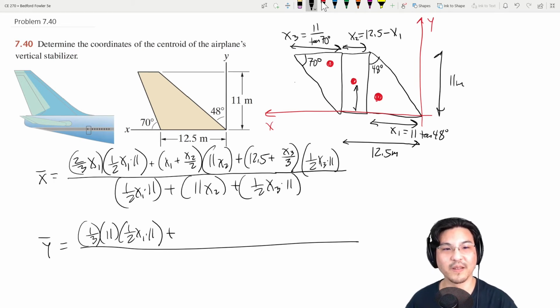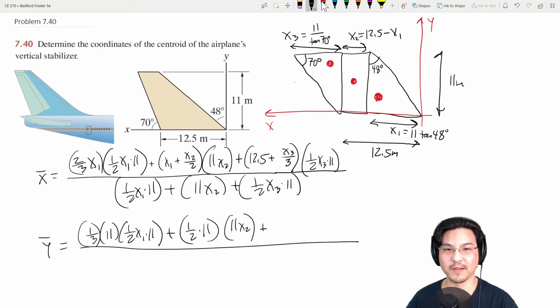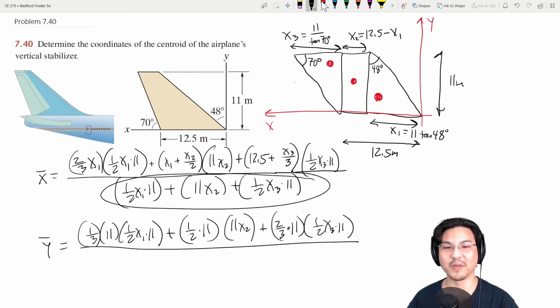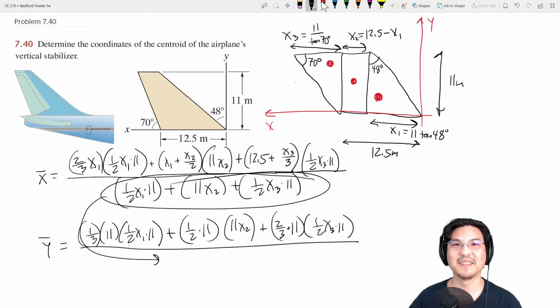Plus here to here, which is just halfway, times the area of this rectangle, plus here to here, which is 2/3 of the way up, times the area of this triangle, which is right here. Right, divided by the total area. Just copy and paste that right here. Okay, so then we got the location of the centroid this way. So now let's try another method.